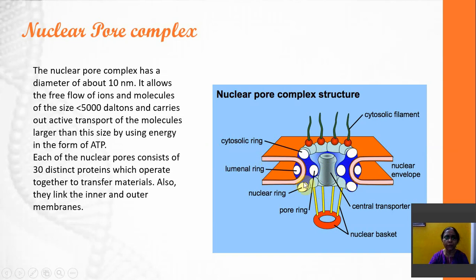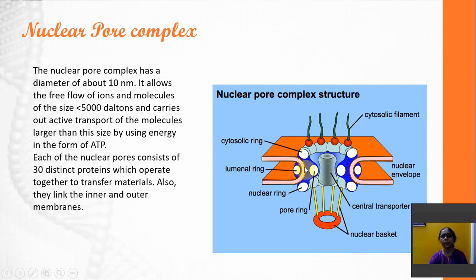It is made up of more than 30 different types of proteins which are operating in a very complex mechanism, and the substances are taken in through this central transporter. And then the substances come into this nuclear basket, and then only they can enter the nucleus. When the substances have to move out, they first go into this basket and then they are removed from the inner side to the outer side.